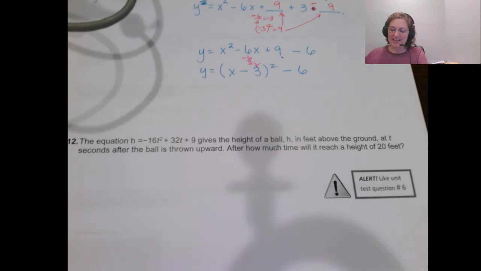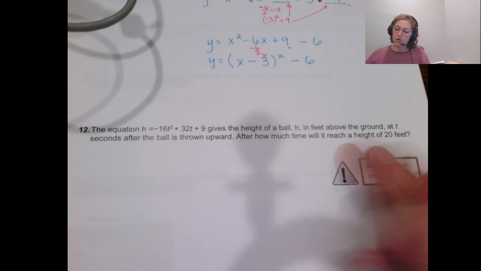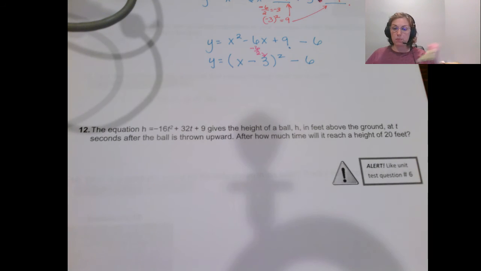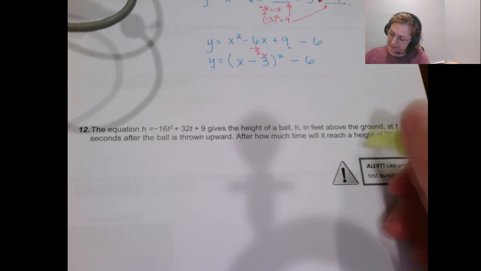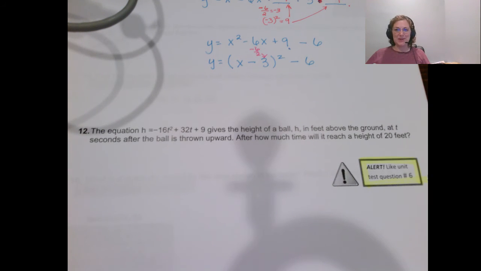All right, one more to go. Look at number 12 here. We're being given the equation for the height of a ball in feet above the ground after t seconds, and we want to know how much time will pass before it reaches a height of 20 feet? Always make a note of the ones that are on the test, right?